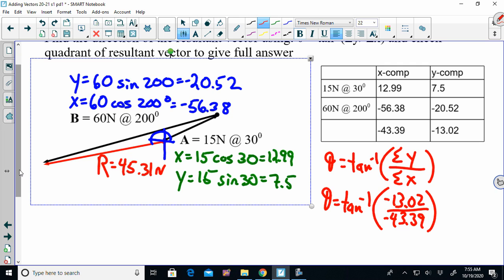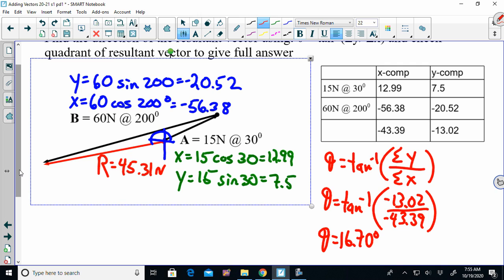Now I need to take the inverse tangent of negative 13.02 divided by negative 43.39, which is going to give me a theta of 16.70.